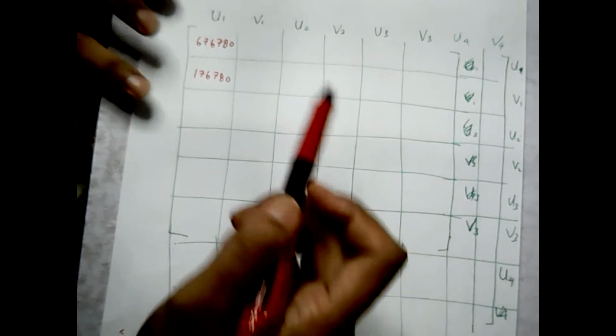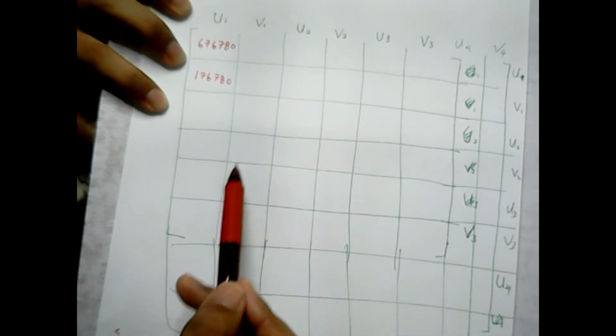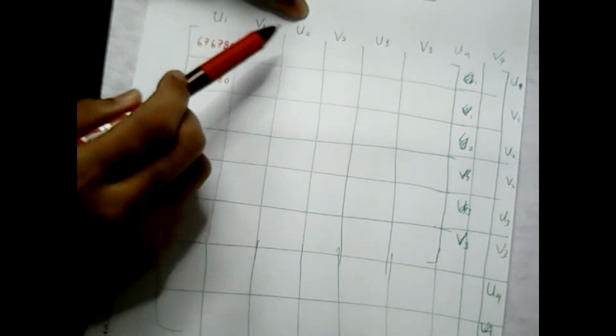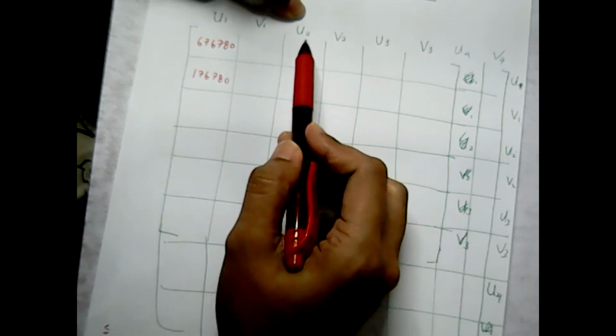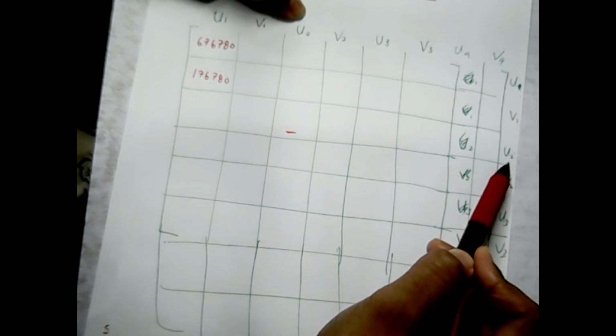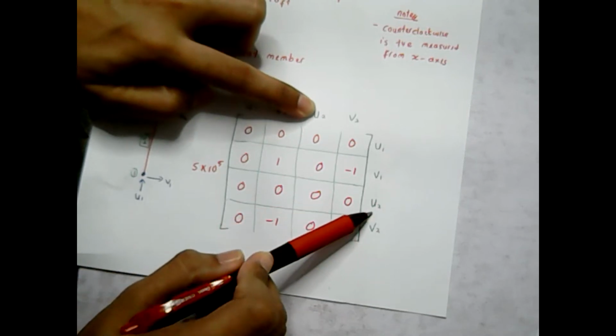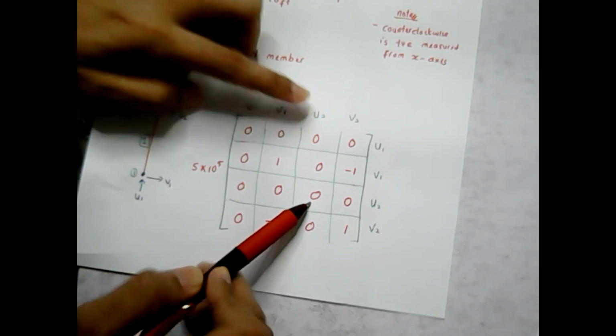Let's take the global stiffness matrix, and actually you will use a similar approach for the rest of these examples. Now let's look at one more. Let's say you have u2. Let's say you want to find at this member. So u2, u2. Let's look at the first element: u2, u2, 0, so not affected from element number 1.